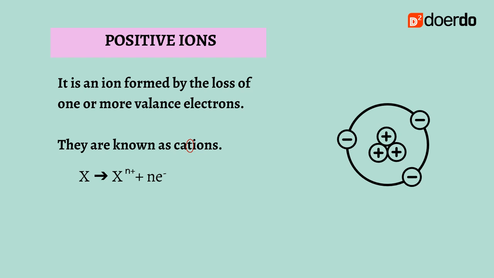When writing the formation of positive ions, we start with the element symbol, let's say X, which will then form an ion due to a loss of the corresponding number of valence electrons. For instance, if we are talking about sodium, it would look like this due to the loss of one valence electron.